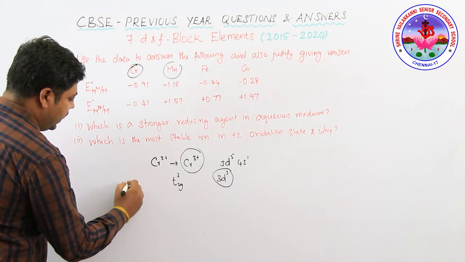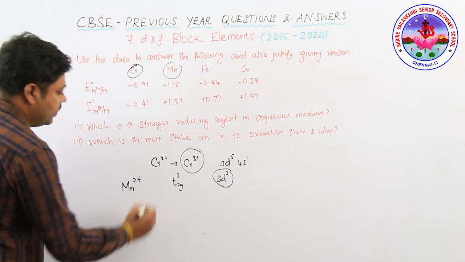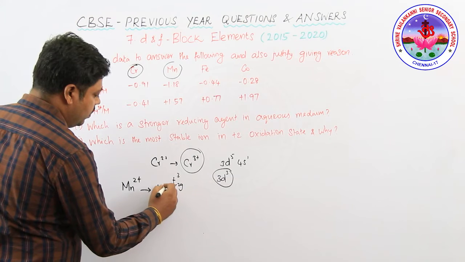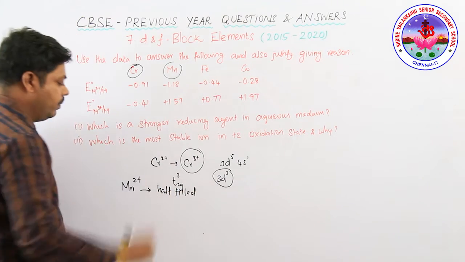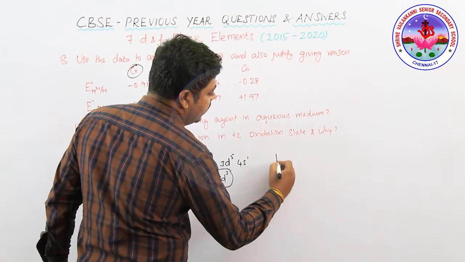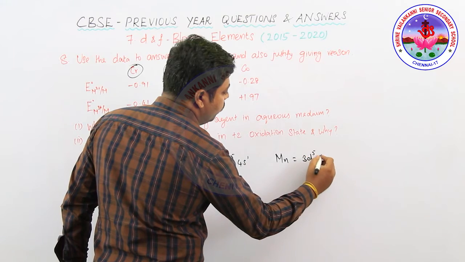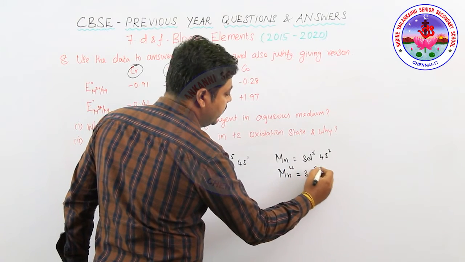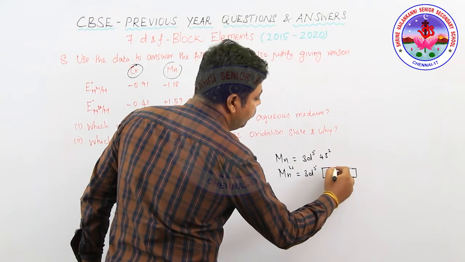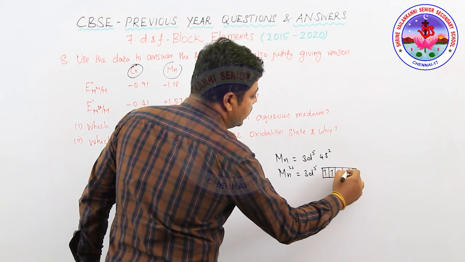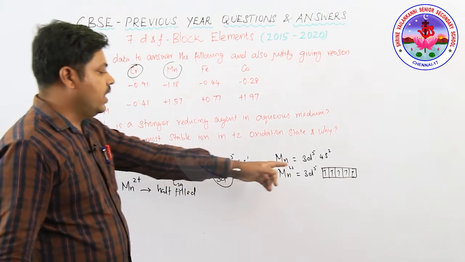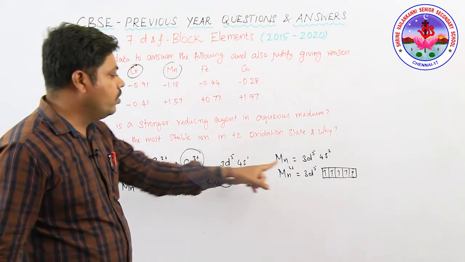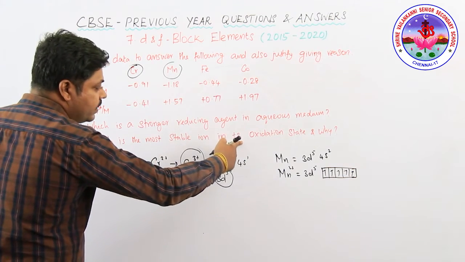Manganese is the most stable in the +2 oxidation state.